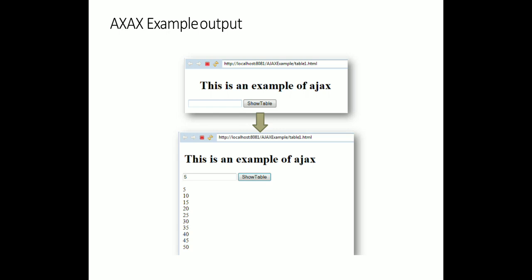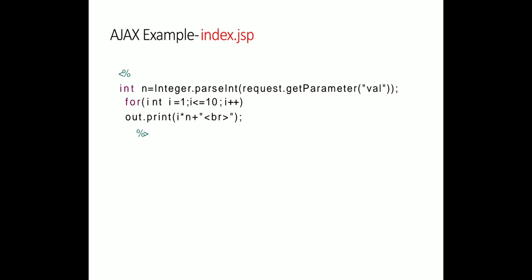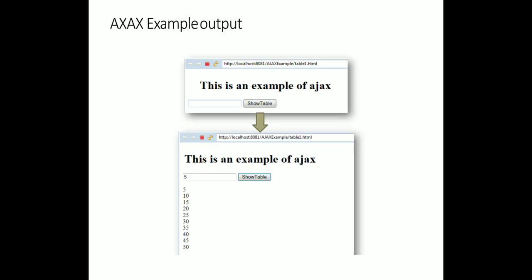If you give 5 as input and click on the show table button, it will display the table of 5. For that the logic is i into n, that means 5 into n. i will start from 1 to 10. That means the fifth table you will get as output on an incremental basis, that is 5, 10, 15, 20, 25, 30, 35, 40, 45, 50. So this is the simplest program of Ajax working.